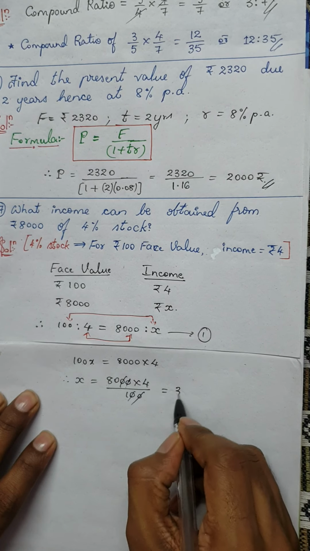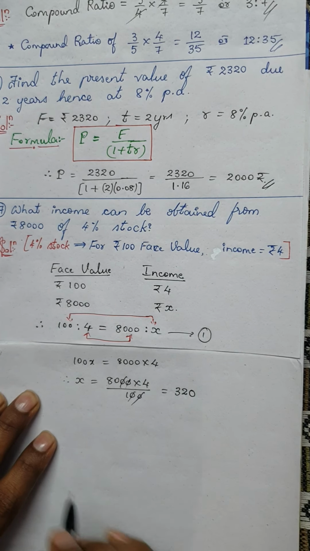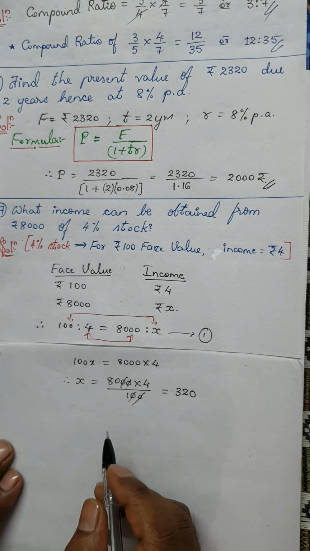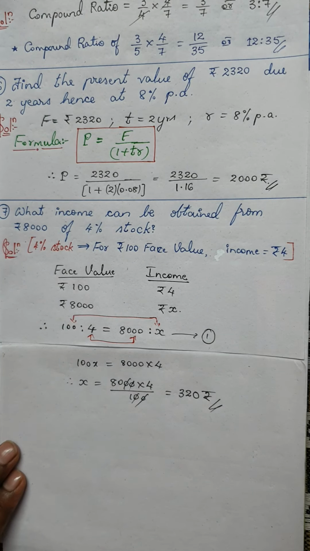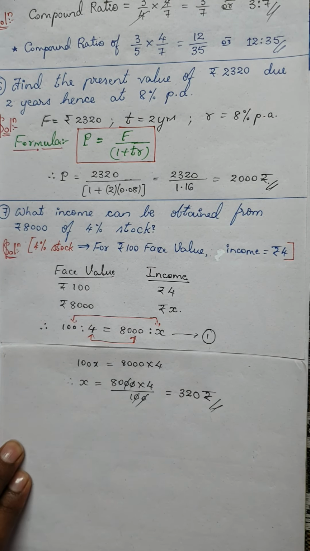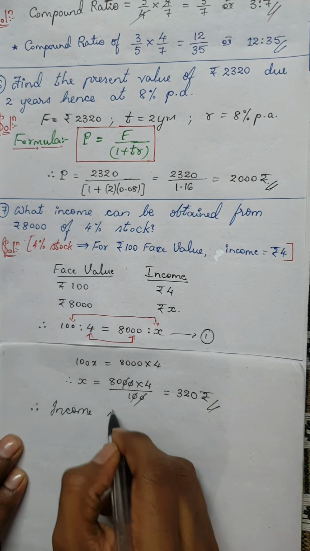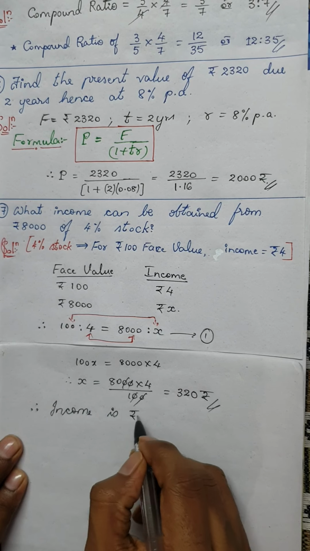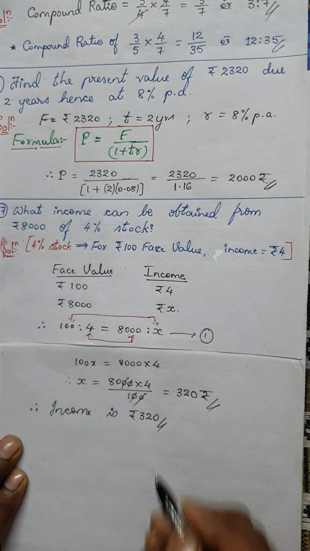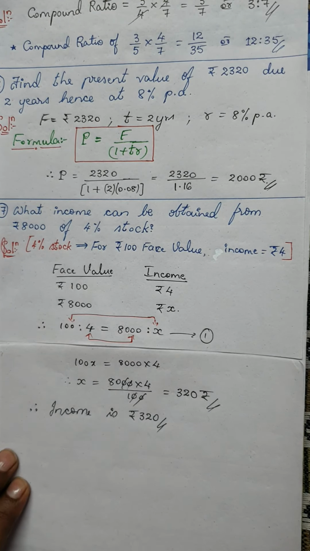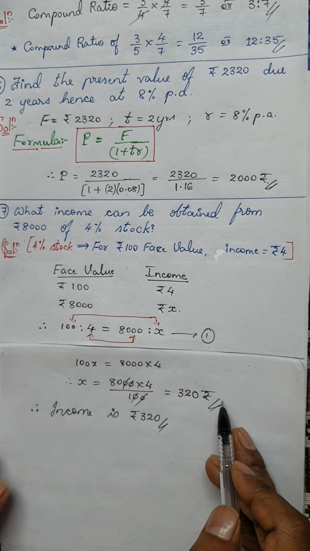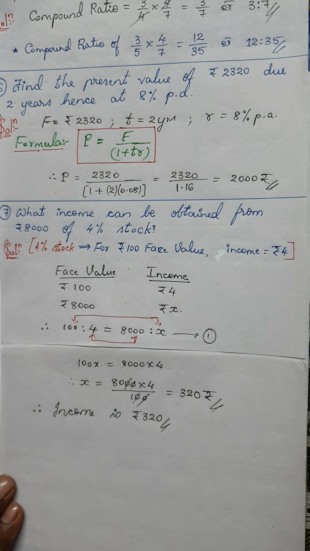We know 8 4s are 32, so another 0. Therefore it is equal to rupees 320. So the income is rupees 320. Since it's a 1 mark question, even if you stop here, it is understood, you will get 1 mark. So we are done with question number 7.